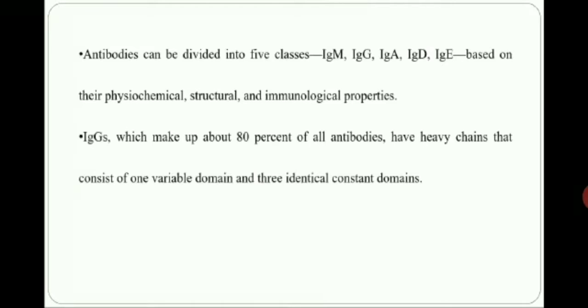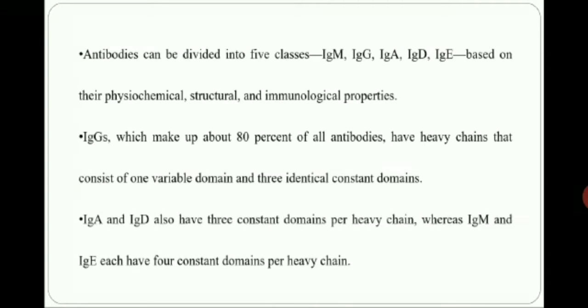They have heavy chains consisting of one variable and 3 identical constant domains, while IgA and IgD consist of 3 constant domains per heavy chain, while IgM and IgE have 4 constant domains per heavy chain.